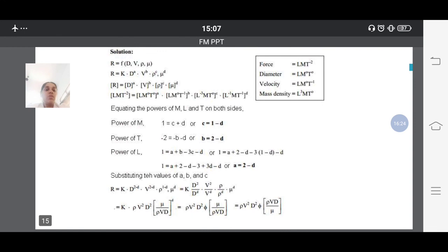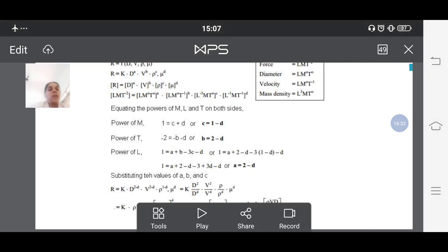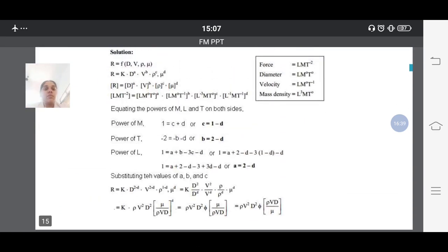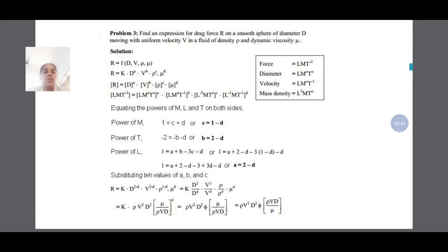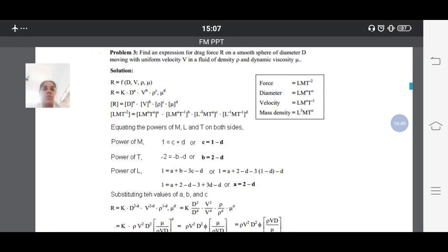So this term is also written as rho v squared d squared into psi into mu divided by rho v d to the power of d. This term is also written as rho v squared d squared psi into rho v d divided by mu.